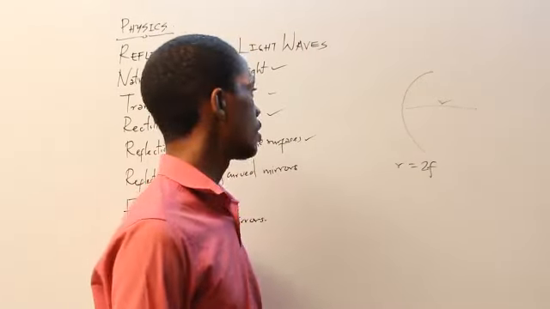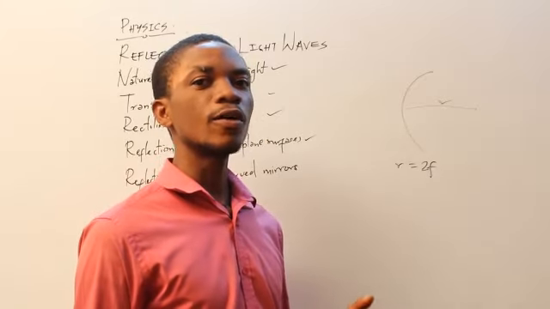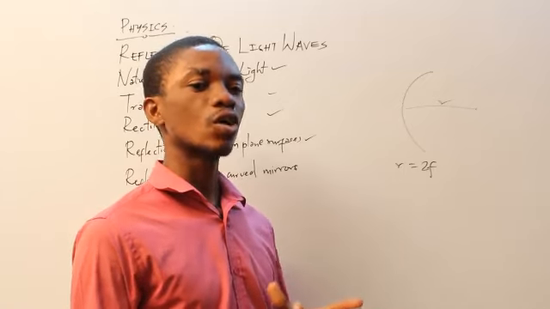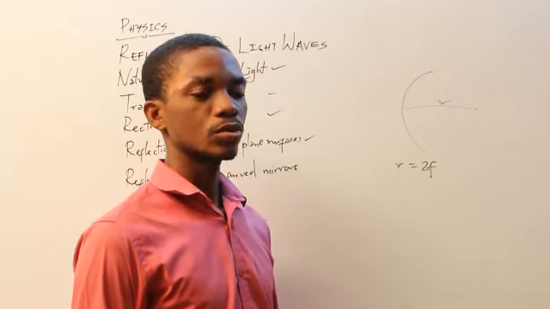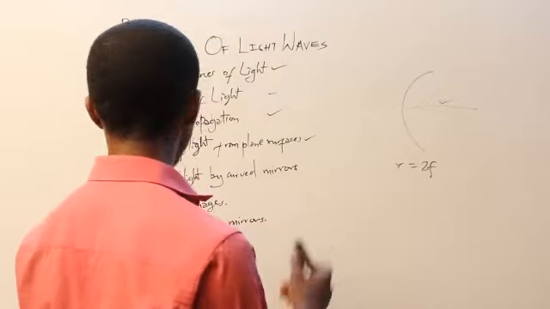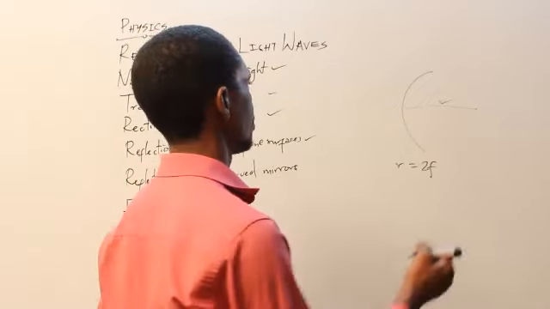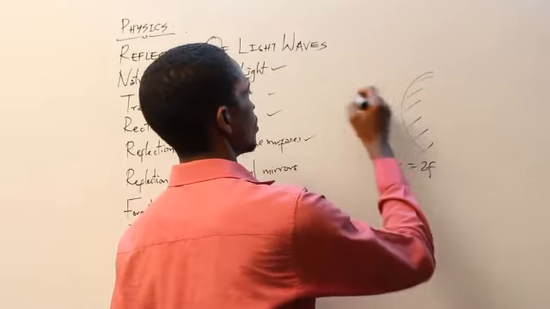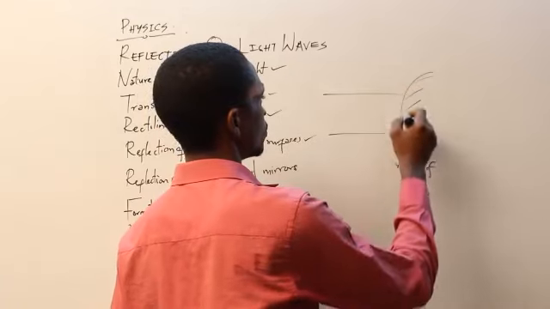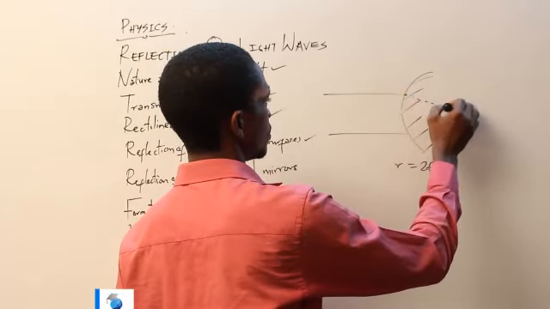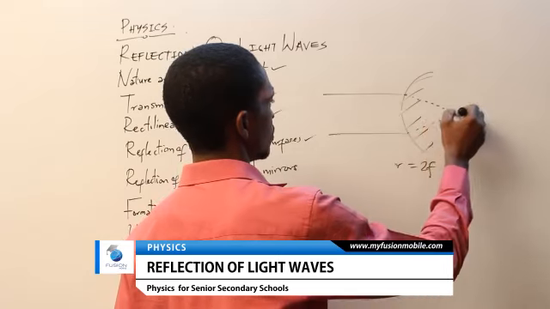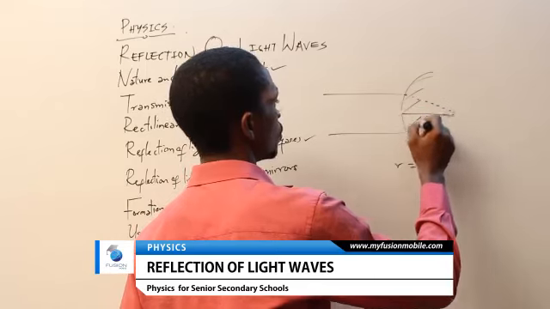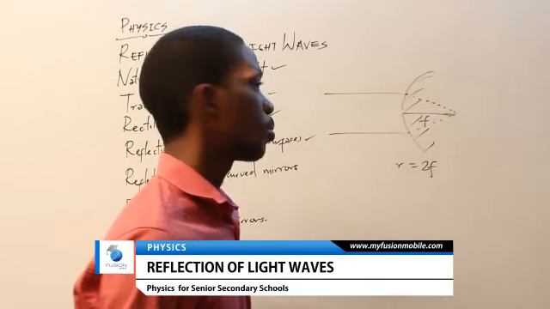The focal length is the point where all the light would eventually converge to. So in a convex mirror, as the light comes, the light converges to the focal point.